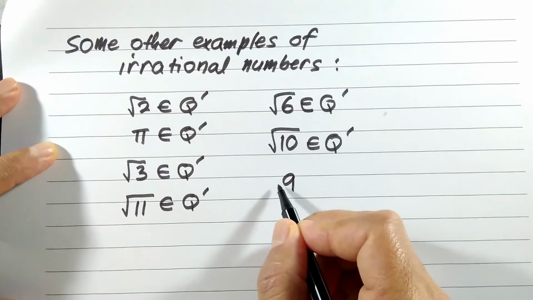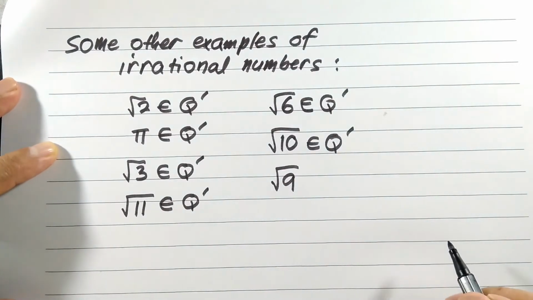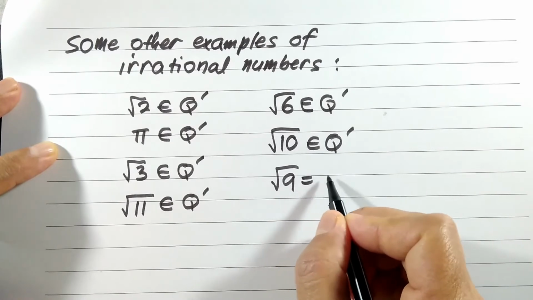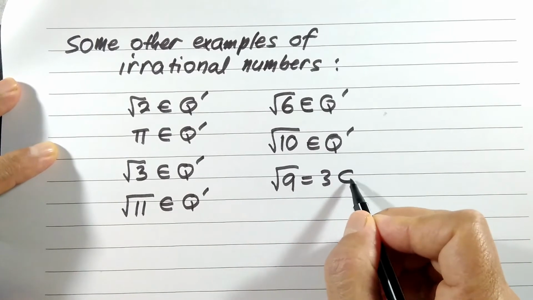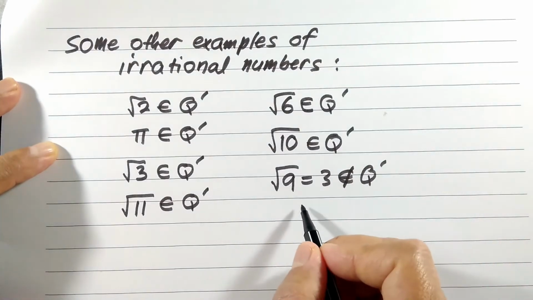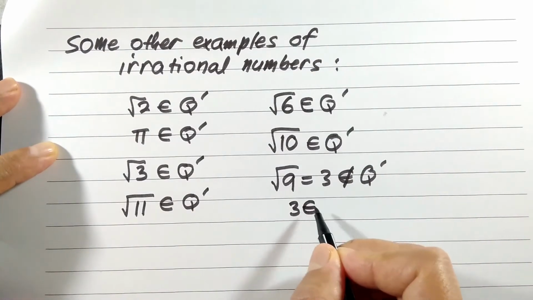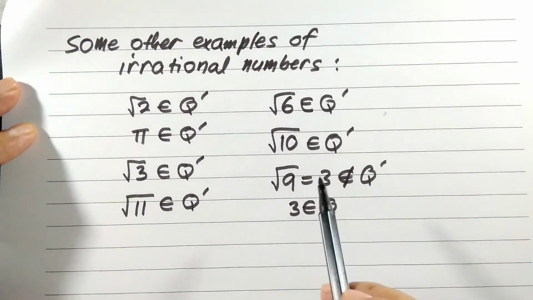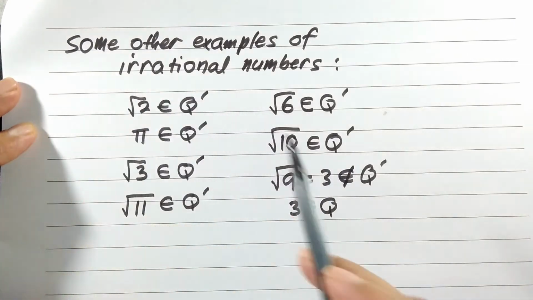How about square root of 9? Now, 9 is a perfect square. Square root of 9 is equal to 3, right? This is not an irrational number, because 3 is a rational number. So those are other examples of what we call irrational numbers.